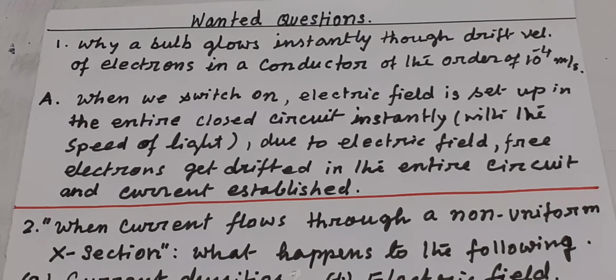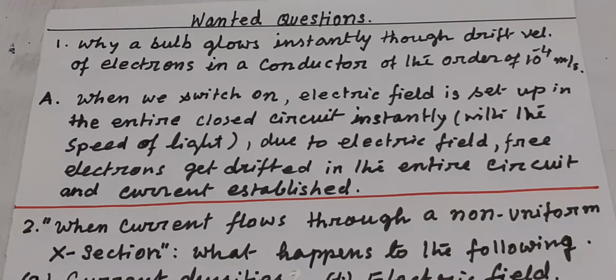Number one, why does a bulb glow instantly though the drift velocity of electrons in a conductor is of the order of 10 to the power minus 4 meter per second? When we switch on, an electric field sets up in the entire closed circuit instantly, including within the bulb filament, almost at the velocity of light.